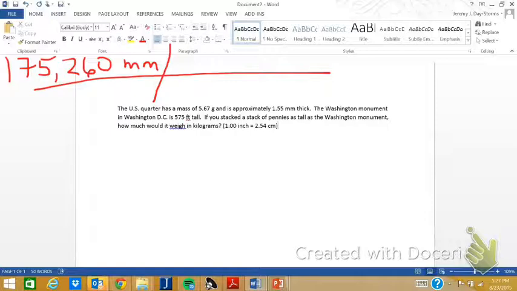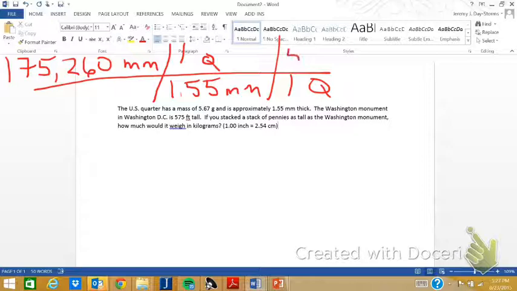We know that for every quarter, so I'm just going to call it Q, is equal to 1.55 millimeters. So how many quarters is that? We also know that we can say that 1 quarter is equal to 5.67 grams.